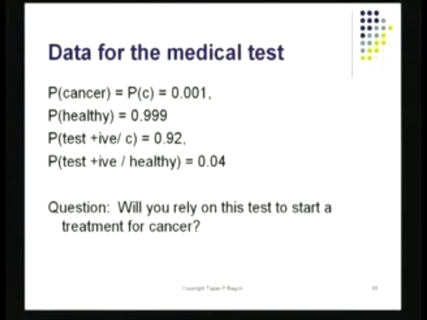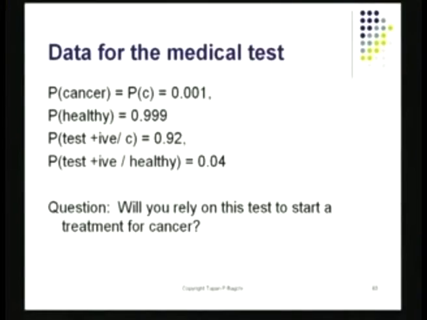Let's see how we work this out. What is the data that has been given to us? I'm first presenting just the data. In the wide population, 0.1% of people have cancer, and that means 0.999 is the probability of the person being healthy. No problem there.